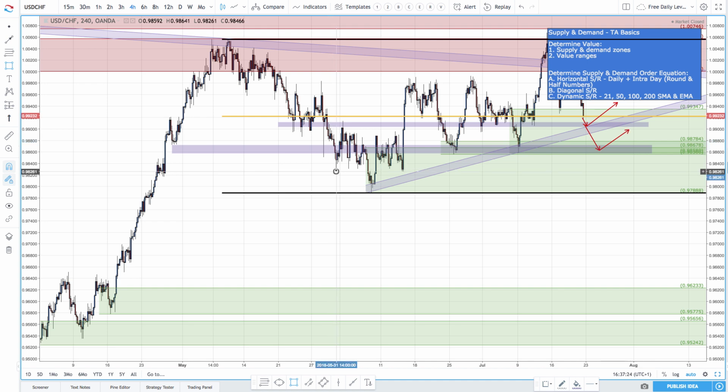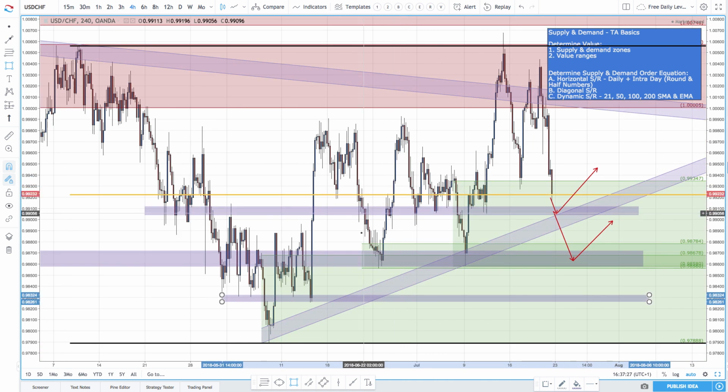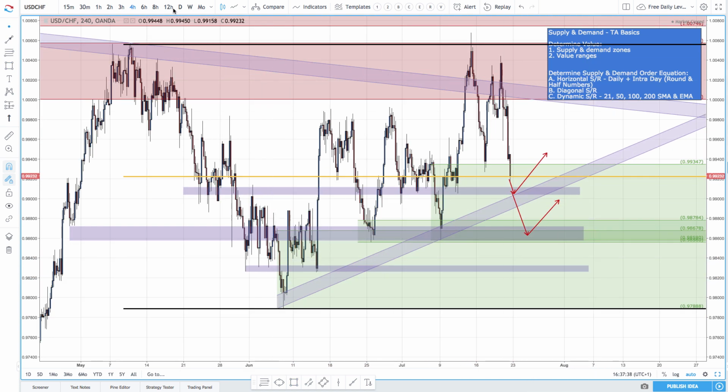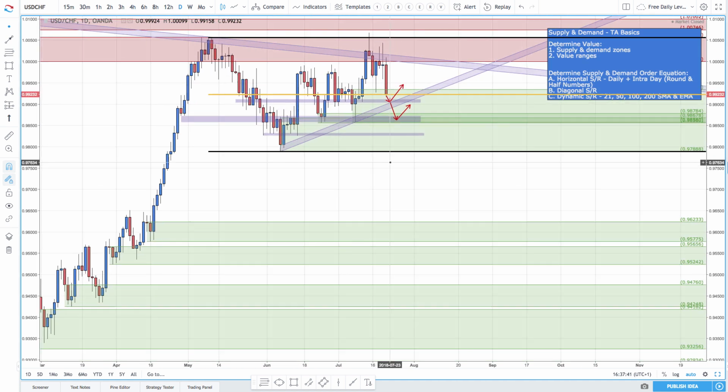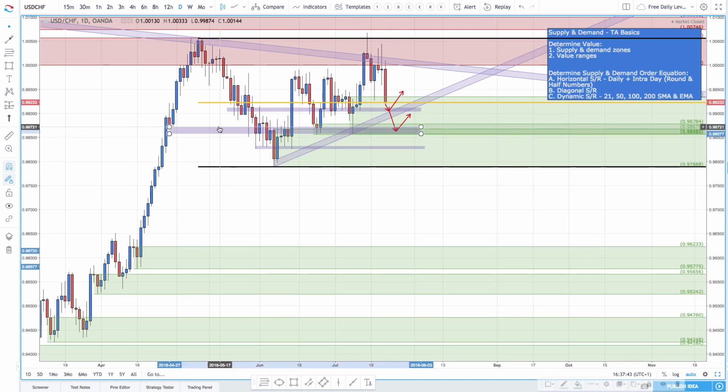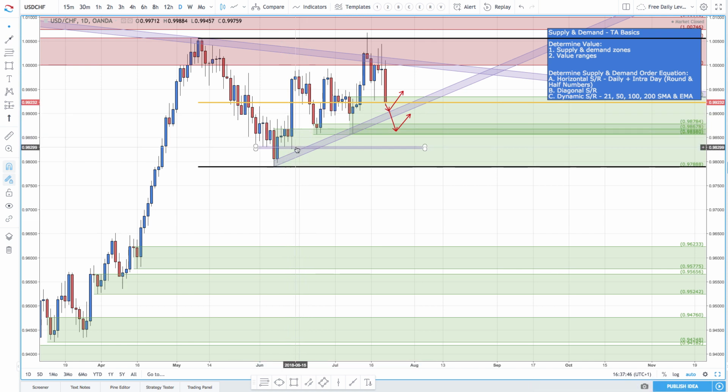Got a level here, and then you've obviously got the lowest area here, which is going to be the best area if you're looking to buy the dollar currency pair. So you're looking there, and then you're looking around here. So again, just looking at the overall bigger picture. If you're looking to be a buyer, those are your areas.